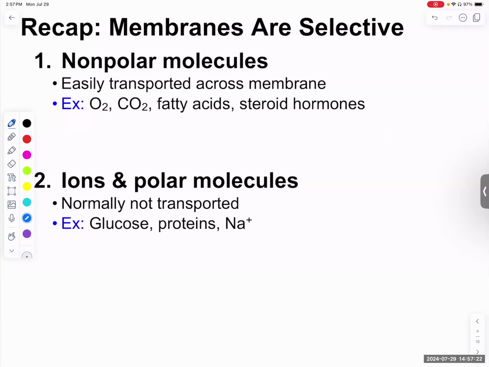And what do cell membranes select? Well, nonpolar molecules, such as gases, fatty acids, steroid hormones, they are freely permeable.